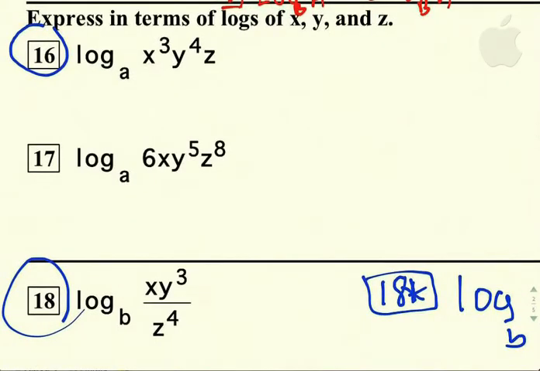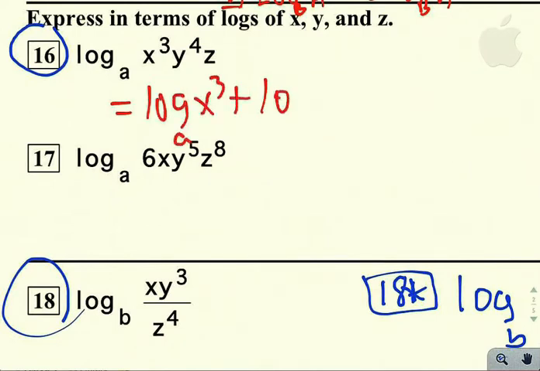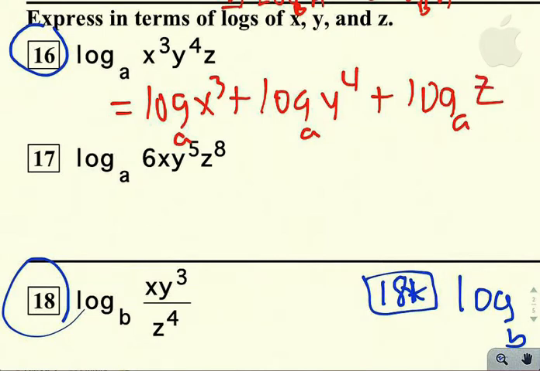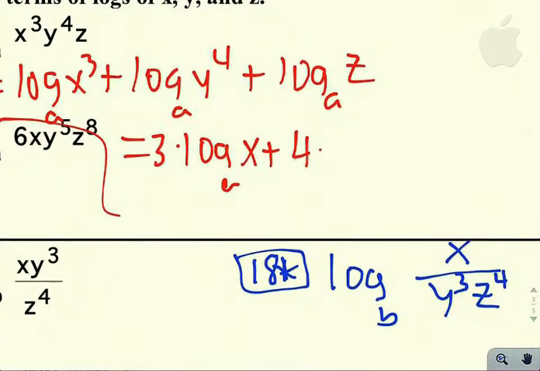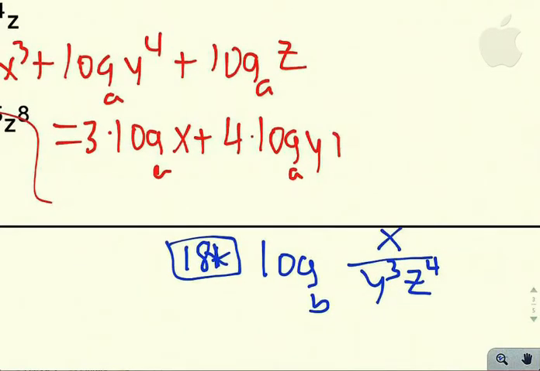This would be log to the base a of x cubed plus log to the base a of y to the fourth plus log to the base a of z, which would be 3 times log to the base a of x plus 4 times log to the base a of y plus log to the base a of z.